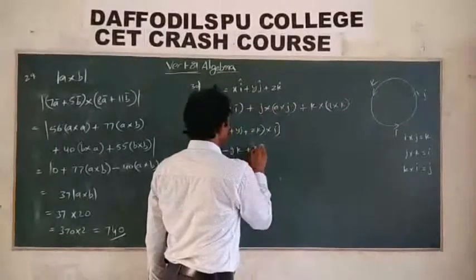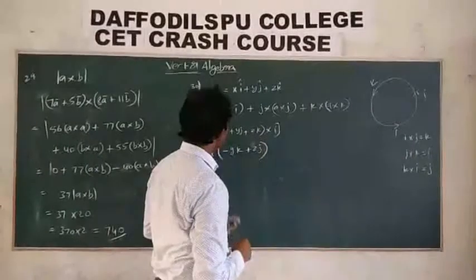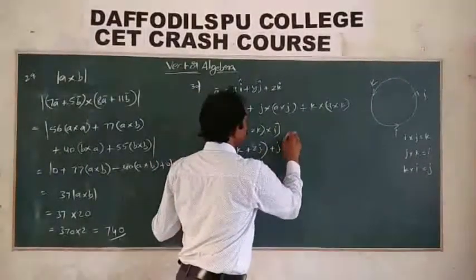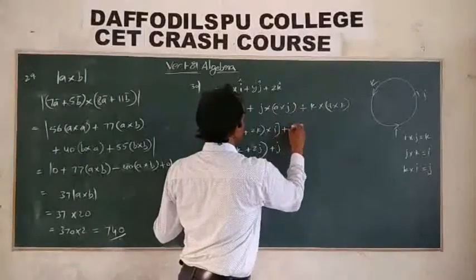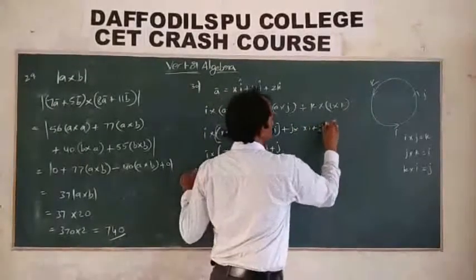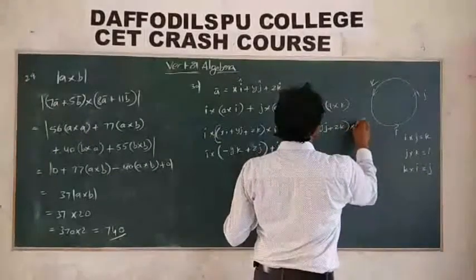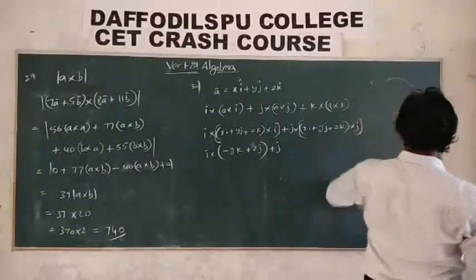Next, plus j cross (xi plus yj plus zk) cross j. Right, students?